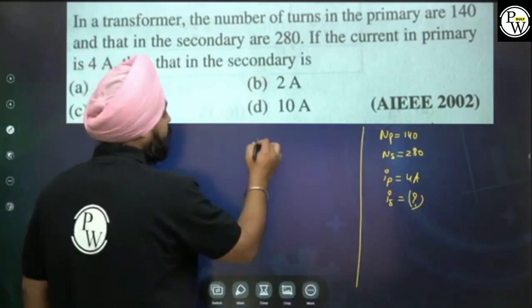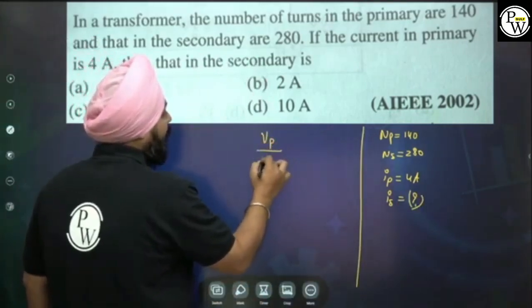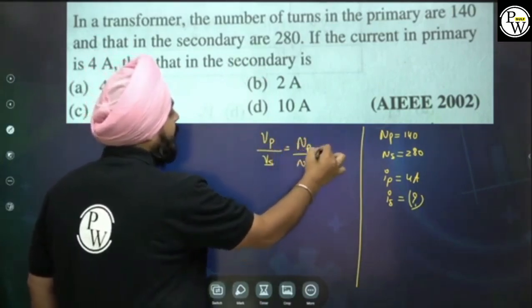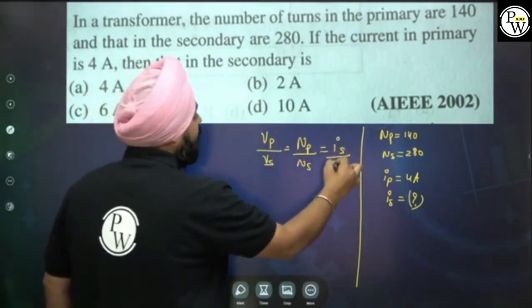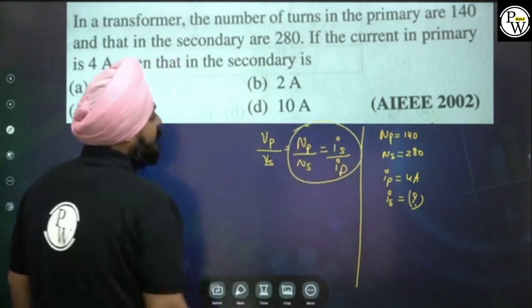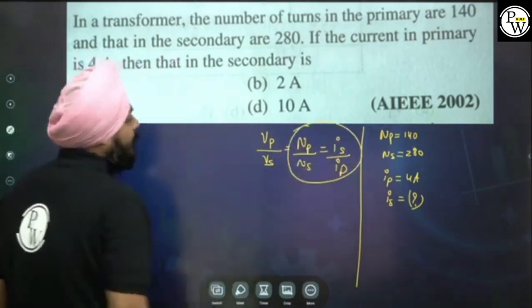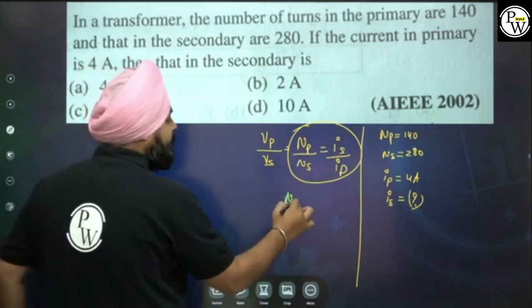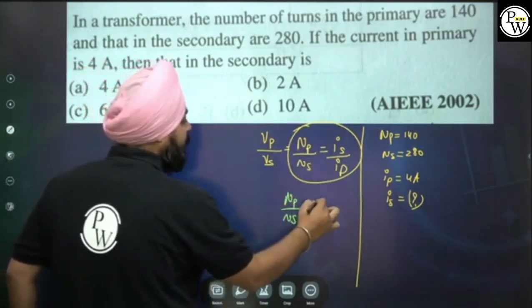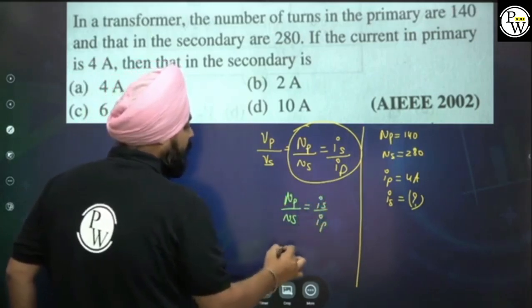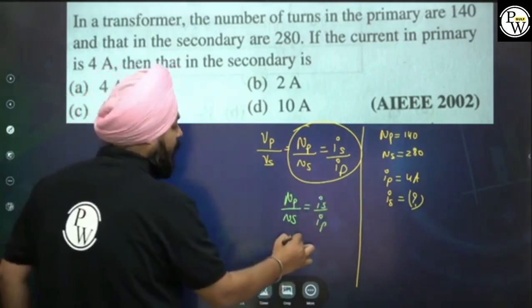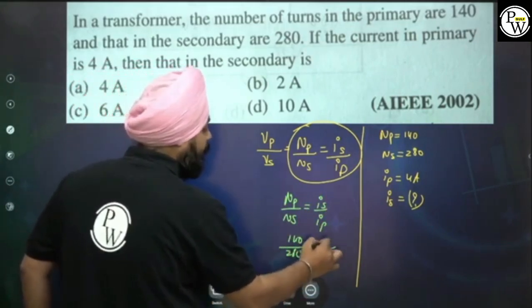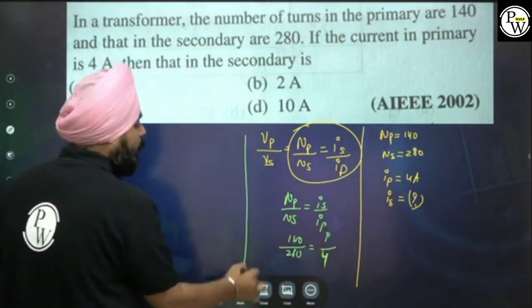Okay, so now V by primary, V by secondary, N by primary, N by secondary, I by secondary, I by primary. These two equations, we are going to compare these two parts of the mathematical expression. So we finally get N_P by N_S equal to I_S by I_P. N_P is 140, N_S is 280, current in the primary is 4, and this current we need to calculate.